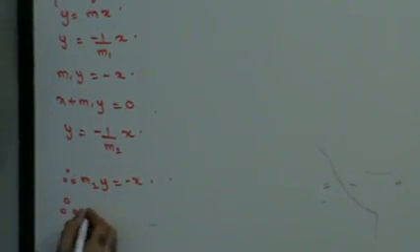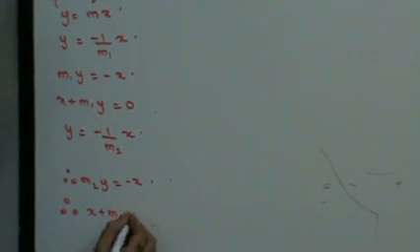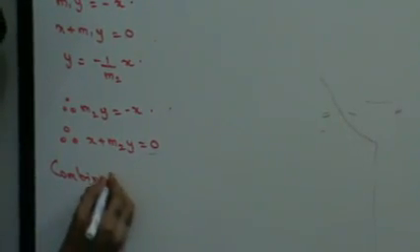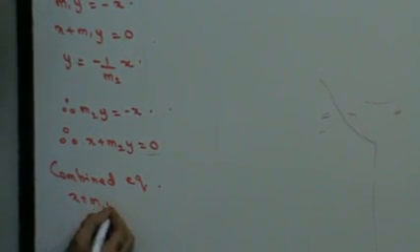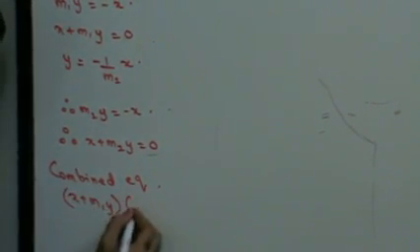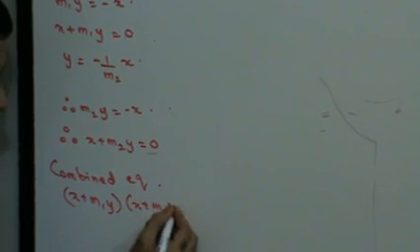Therefore, m2y is equal to minus x. Therefore, x plus m2y is 0. Hence, the combined equation will be nothing but x plus m1y into x plus m2y is equal to 0.